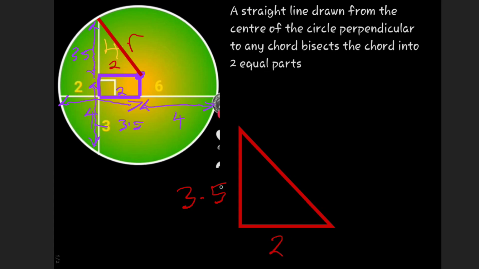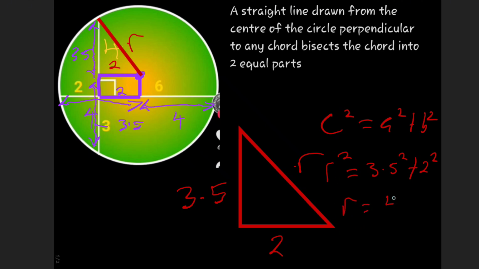So this is 2 and this is my radius. I can now use Pythagoras theorem, which says that c square equals a square plus b square, to get my r. So r square equals 3.5 square plus 2 square, and my r is 4.03. So that's the radius of the circle.